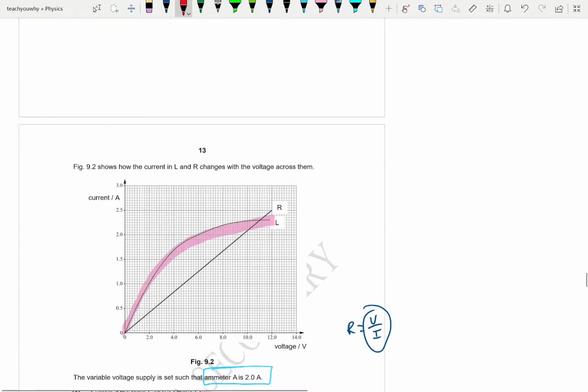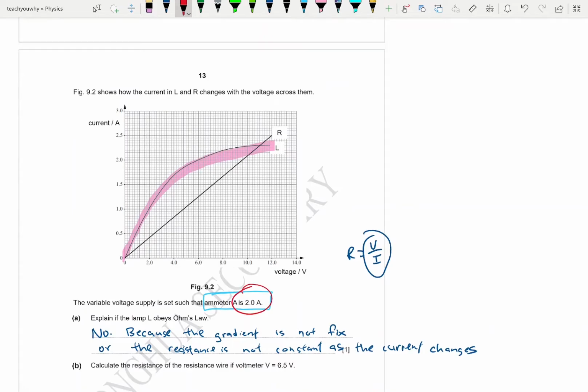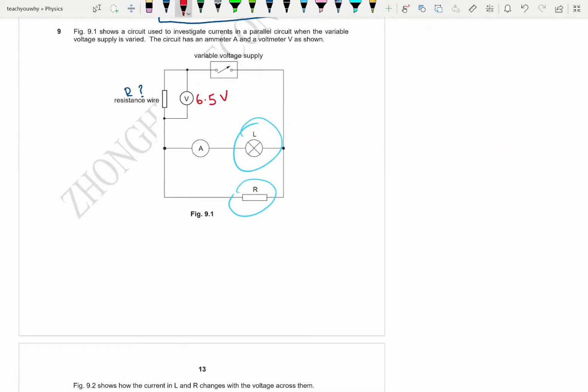Now, in this question, they say the ammeter here reads 2.0 ampere. So the first question is, how are we supposed to find R? To find R, we need to find the PD over I. We need to find the current here, and we already have the PD. The PD is this. We need to find I.